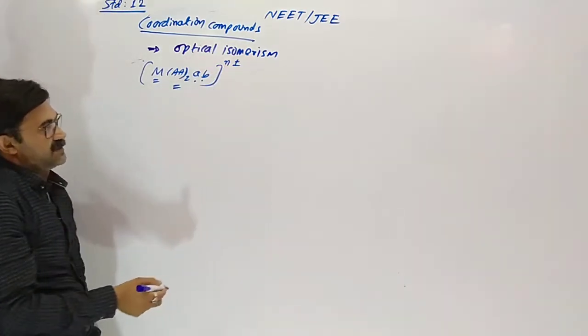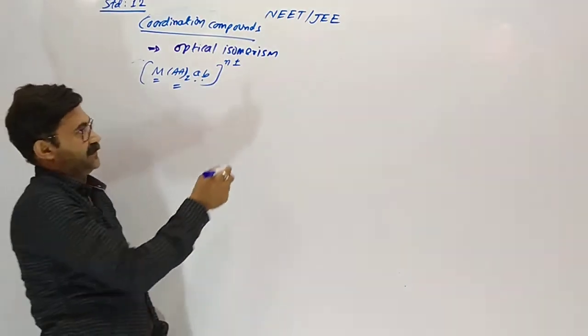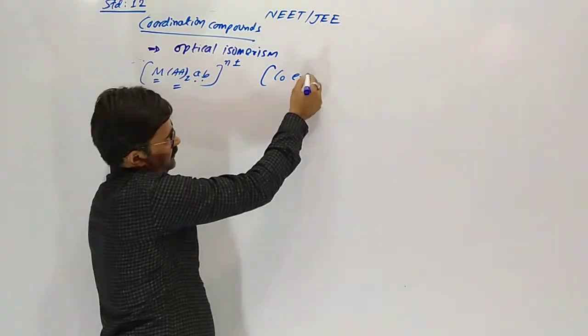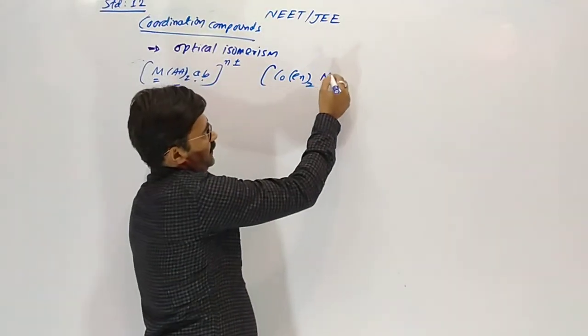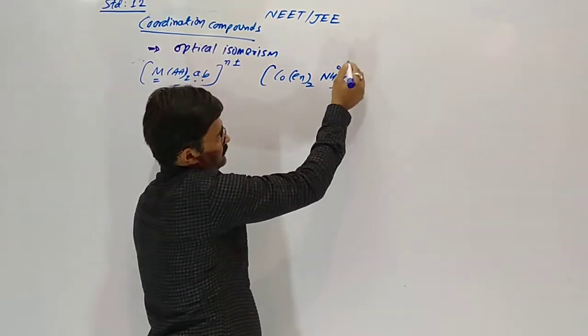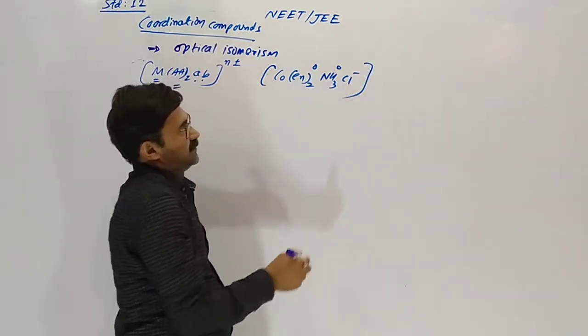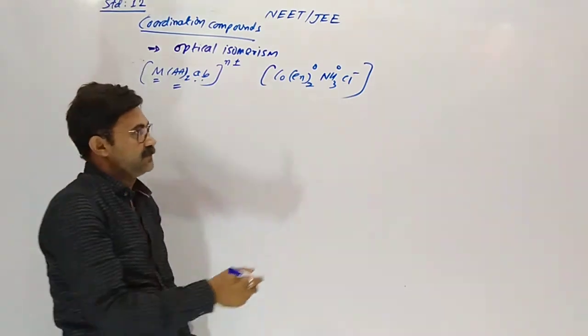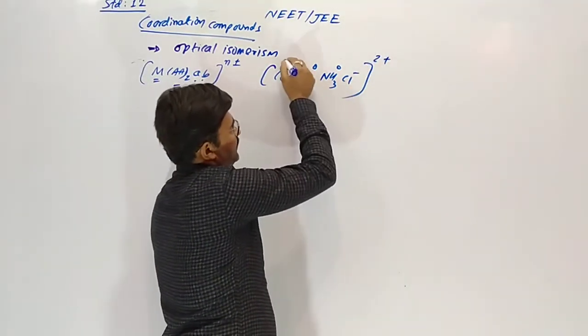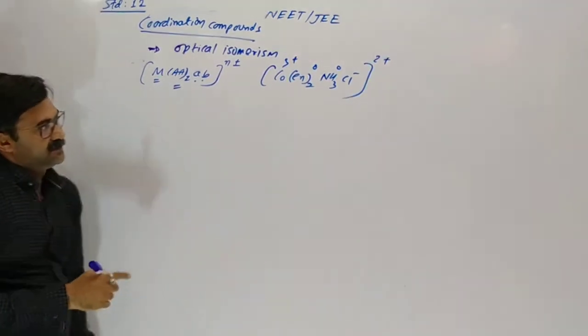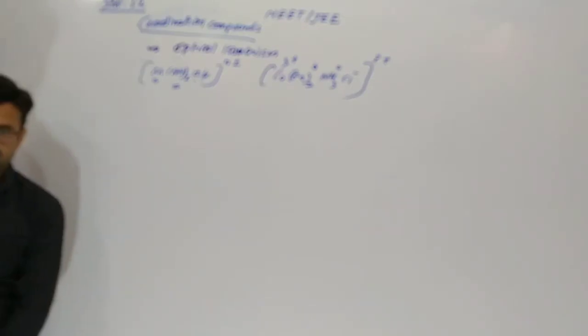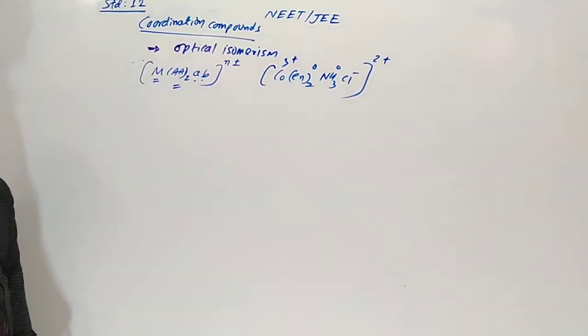Total number of bonds is 6. An example for it: cobalt with En twice, NH3 and Cl, amine and chloride. Here the charge is +2, so the cobalt should be +3. Yes, this one also gives cis and trans, one cis, one trans.